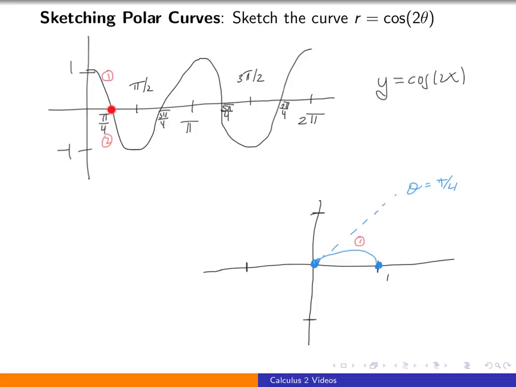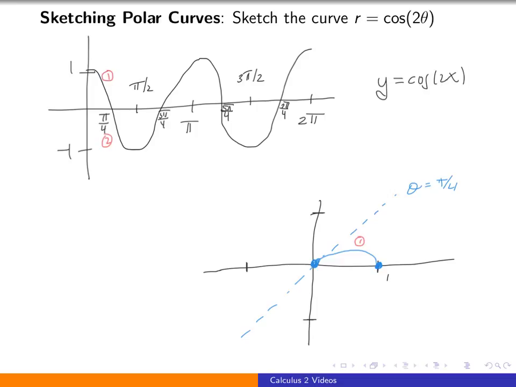I'm going to think of this as the second portion of the curve. From pi over 4 to pi over 2, our r value is negative. So instead of being between pi over 4 and pi over 2, we need to go in the opposite direction. So we're going to be down here between 5 pi over 4 and 3 pi over 2, and our r value is going from 0 to -1.